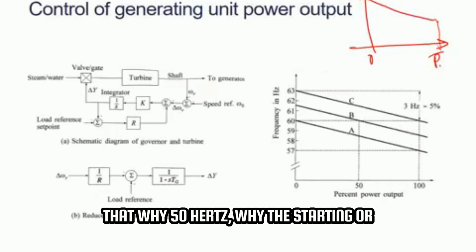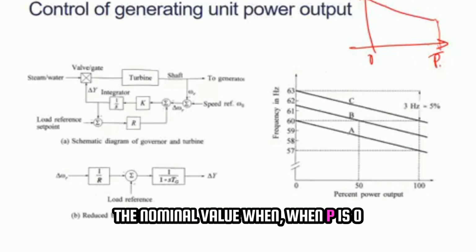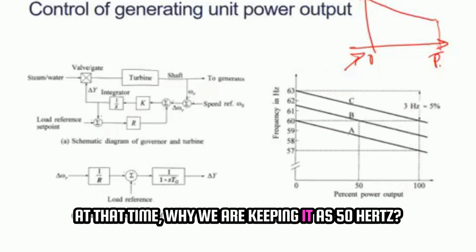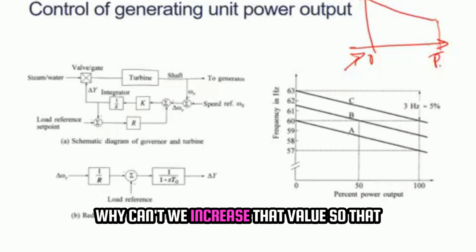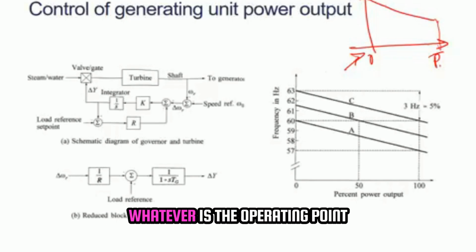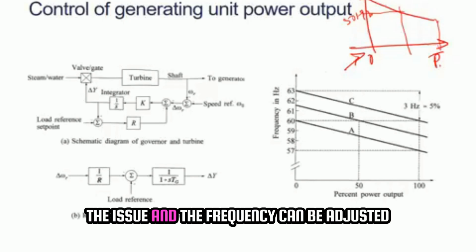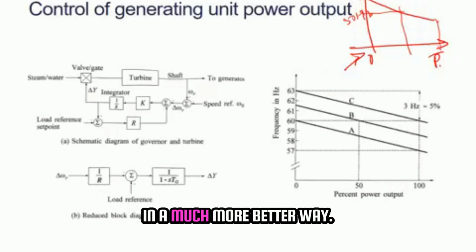Why, when P is 0, are we keeping the nominal value at 50 hertz? Why can't we increase that value, so that whatever the operating point is becomes 50 hertz? Can we not do this? This will simplify the issue, and the frequency can be adjusted in a much better way.